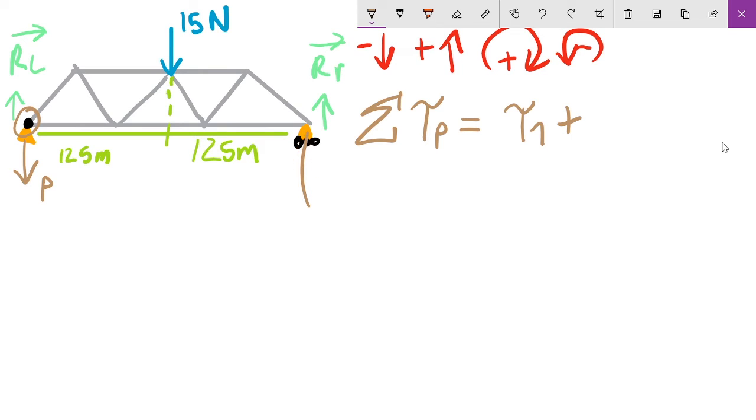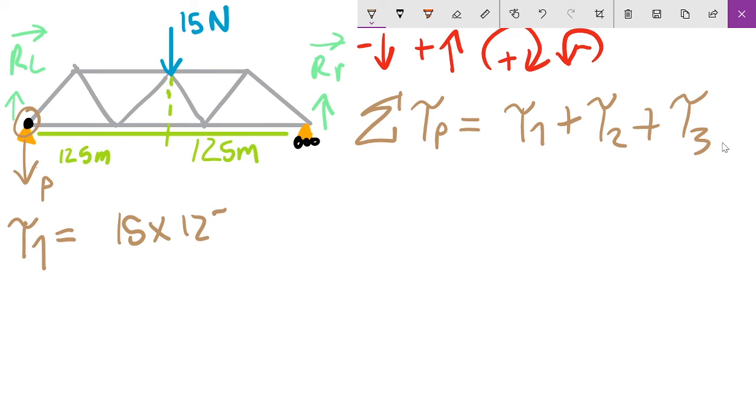You see, from the reaction torques, torque 2 and torque 3 right there. So the sum is torque 1 plus torque 2 plus torque 3. Let's say torque 1 equals 15 newtons times 125 meters, which is 1875 newton meters.